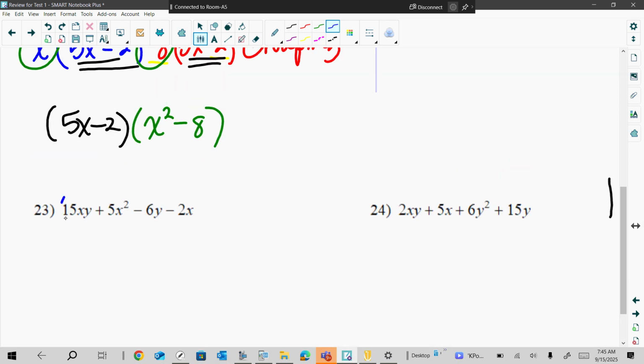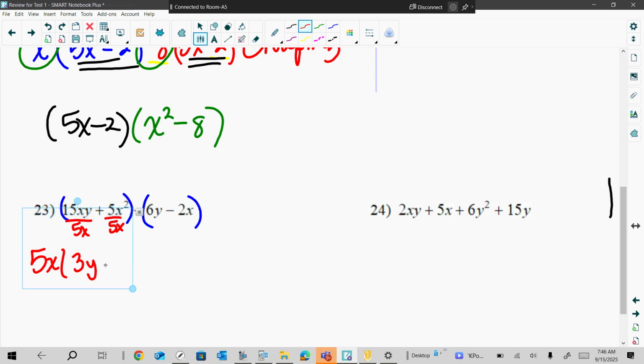Alright, so first 2, last 2, and the first 2, they have a 5 and an x in common, leaving you with 3y plus x. Sorry about that. Here the 5's cancel, leaving you with just 1x. Alright, then I have minus.